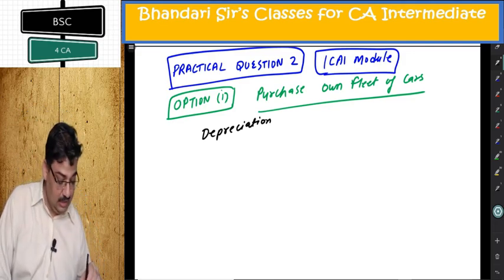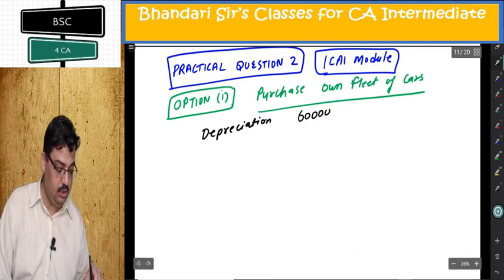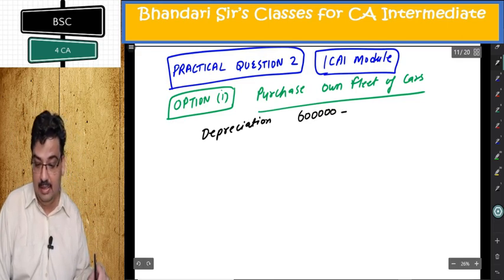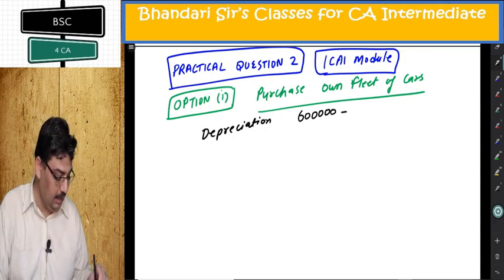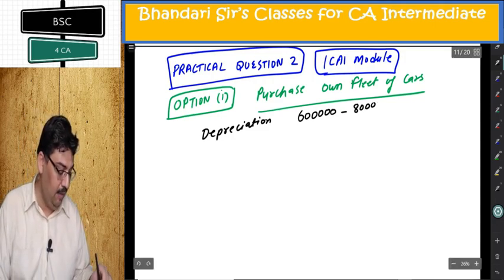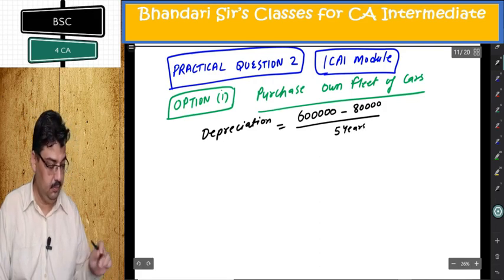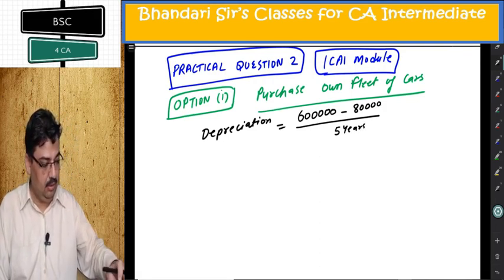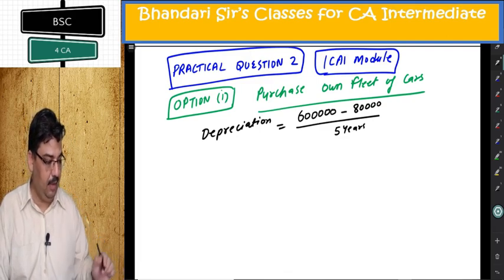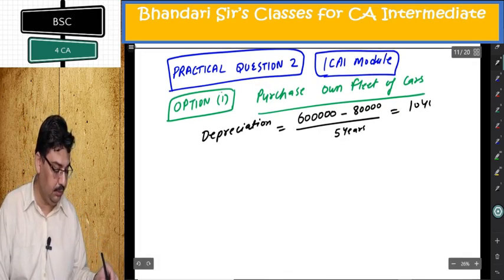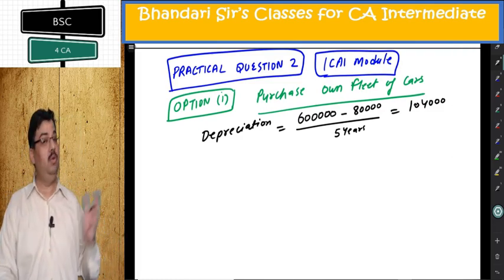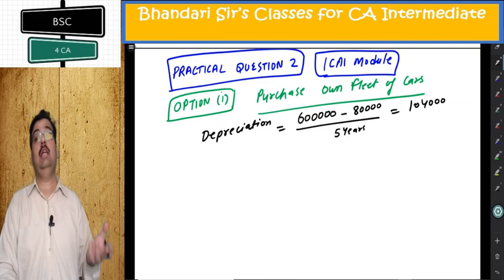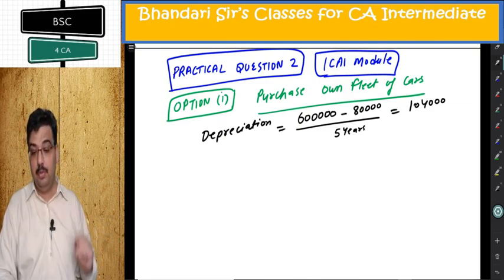You are given 6 lakh rupees purchase cost minus scrap. Scrap is given there, 80,000, and 5 years is the life. So 5,20,000 divided by 5. Annual cost is 1,04,000. Only when you purchase will you bear the depreciation. When you take on hire, you don't bear it. When the executive brings in his own car, then also you don't bear it.